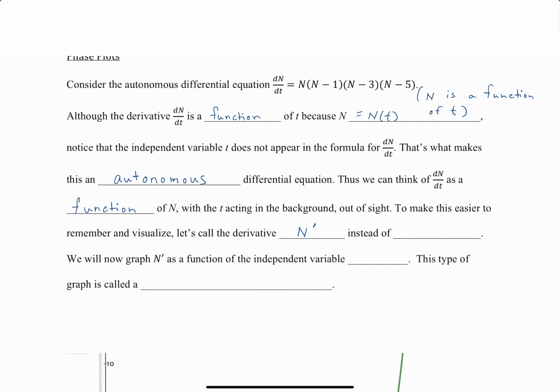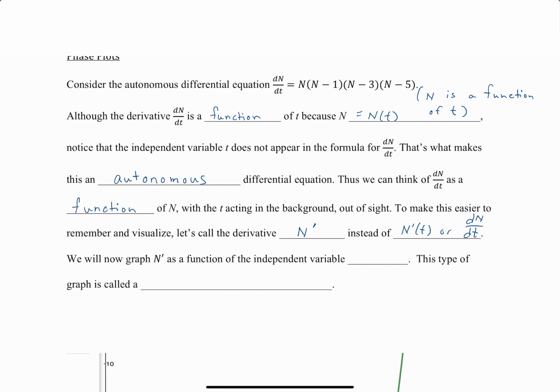I'm not even going to call it N prime of t. So instead of N prime of t or dN/dt. Basically, I want to get that t out of our sight because we're not going to be thinking about it right now in this section.